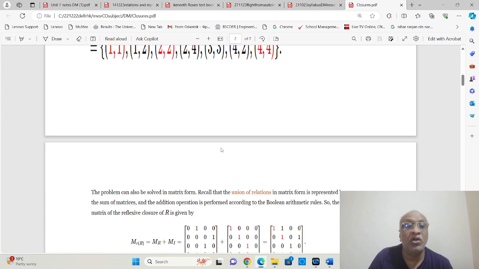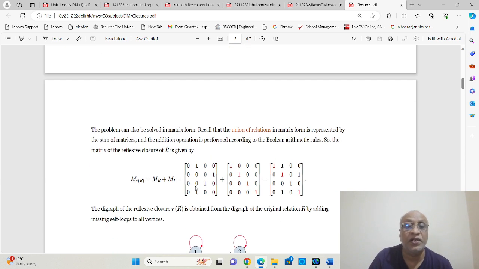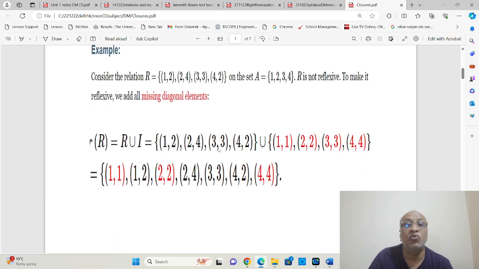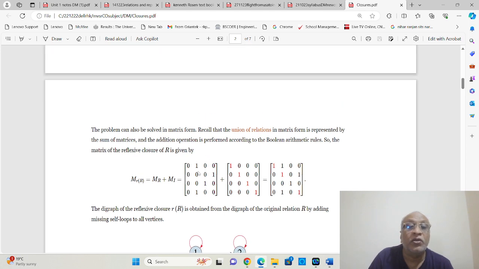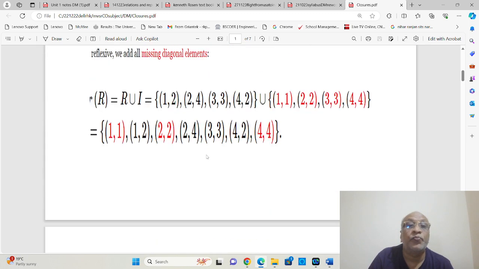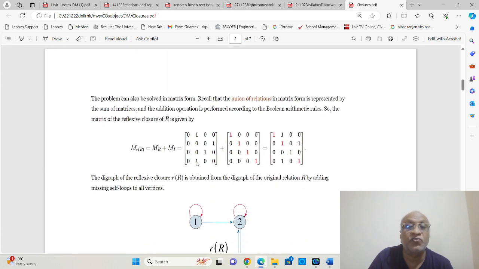Now, how do I solve this using the matrix form? First, I'll take my original matrix. This matrix is derived from this relation: 1 comma 2, 2 comma 4, 3 comma 3 and 4 comma 2.